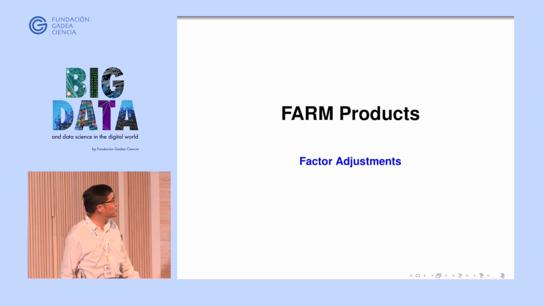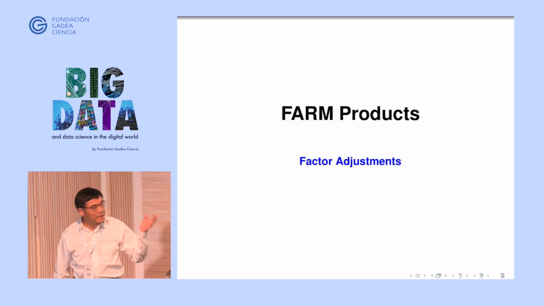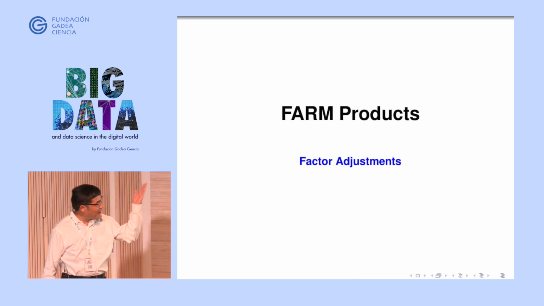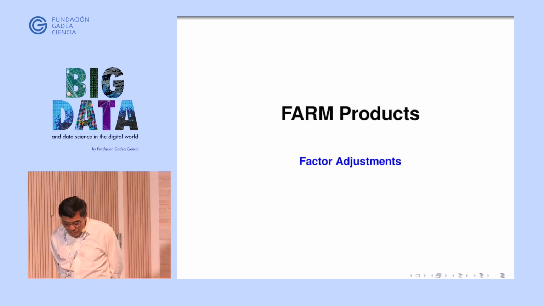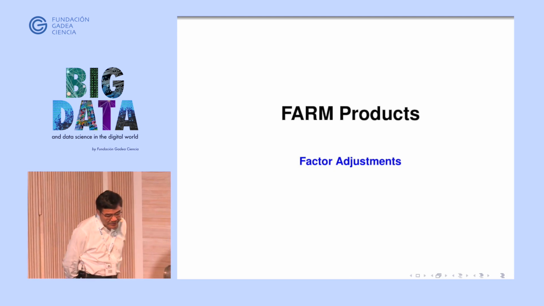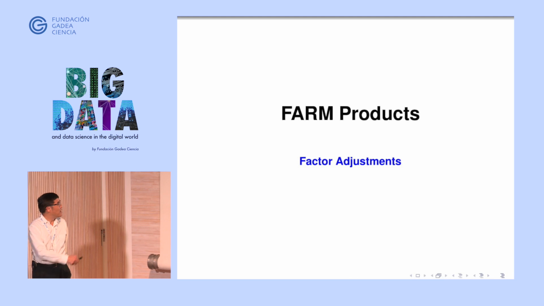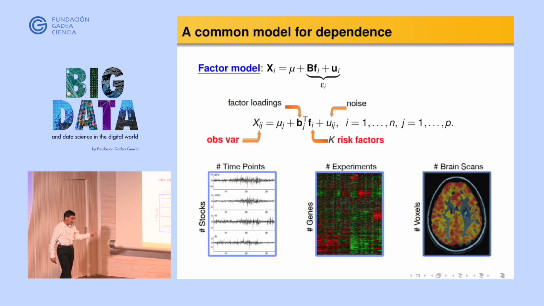Right? So we introduce what I call FARM products, or factor adjustment for something. The first F is factor, the second is adjustment, and so on. So this is a common model people use for modeling dependence, the factor model. So you observe, let's say, macroeconomic time series, 131 of those.